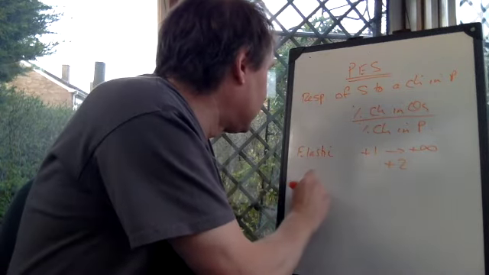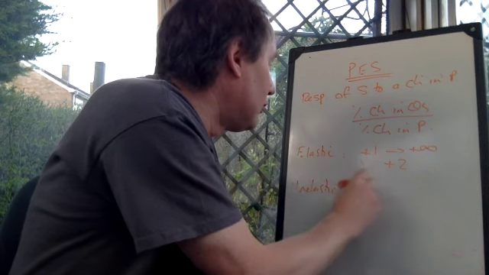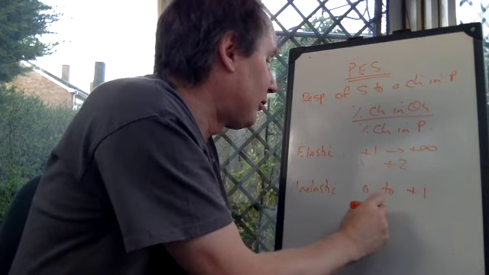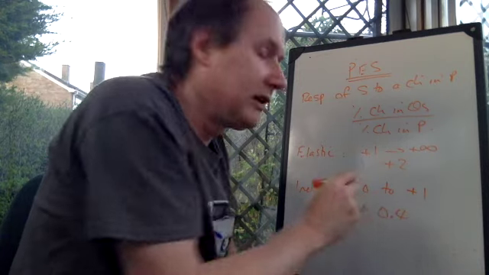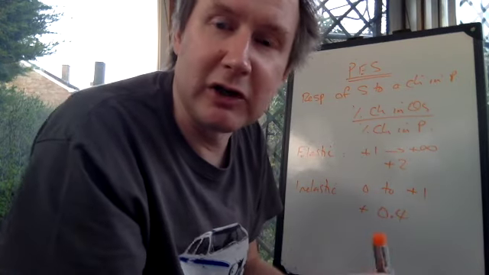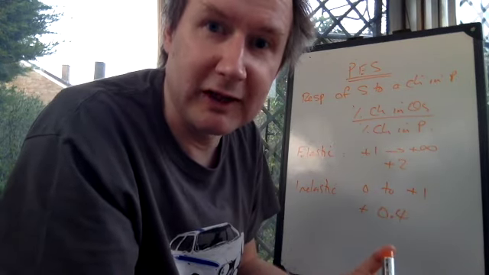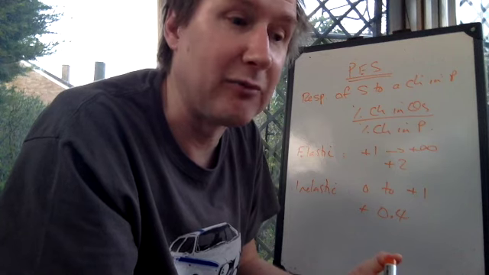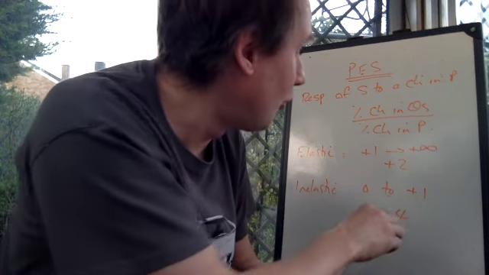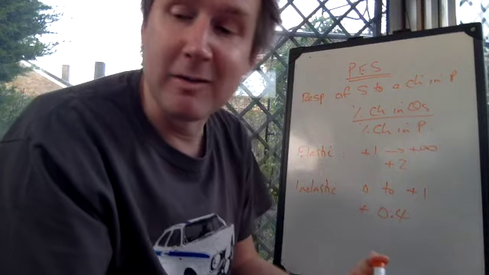Or it might be inelastic, in which case it's going to be 0 to +1, for example +0.4. That would mean that supply changes by 0.4 times as much as the change in price, so a 10% change in price would lead to a 4% change in supply.